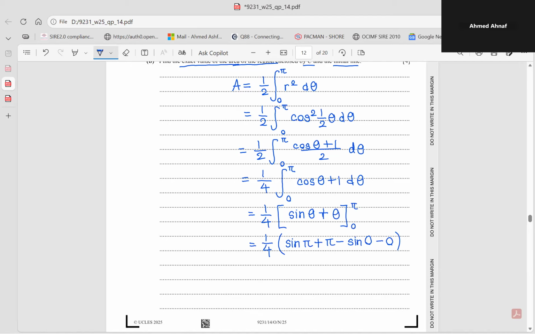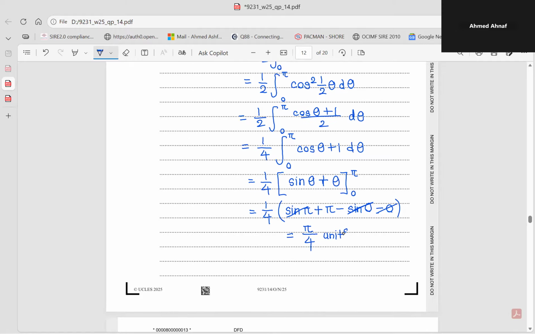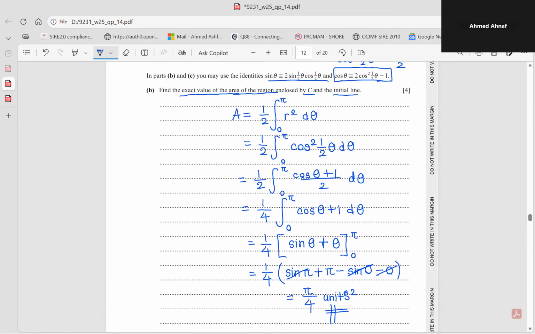Sine 0 is just 0, this is also 0, and sine pi is also 0. So you just get 1 over 4 times pi, which is pi over 4 units squared. This would be all for part B.